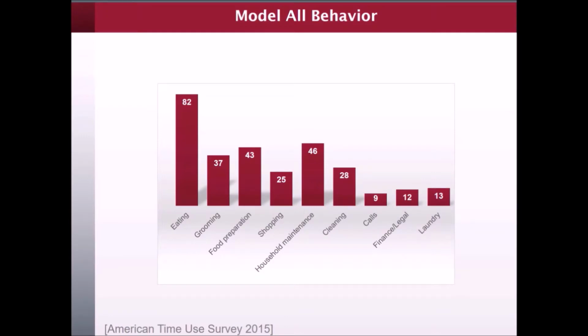What we have here are very common activity categories and the amount of time that Americans on average spend, in minutes per day, on these different activities, including eating, grooming, cooking, shopping, household chores, cleaning, phone calls, taking care of finance and legal issues, and performing laundry. These are activities that would commonly be analyzed and tracked, as indicated by the fact that they were included on this survey.